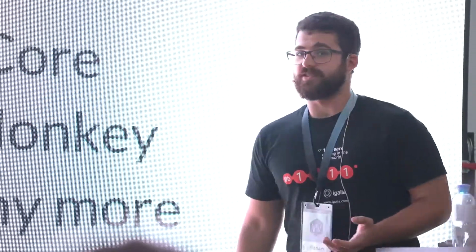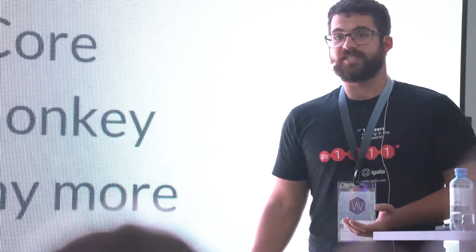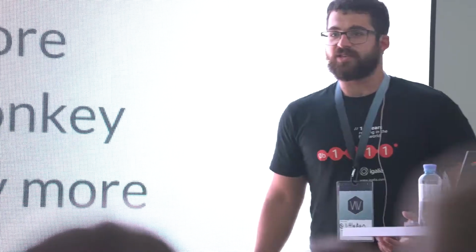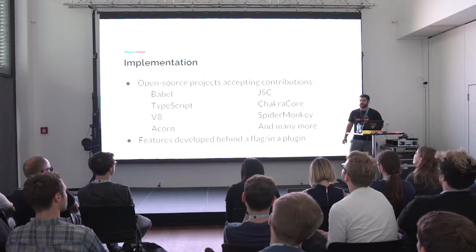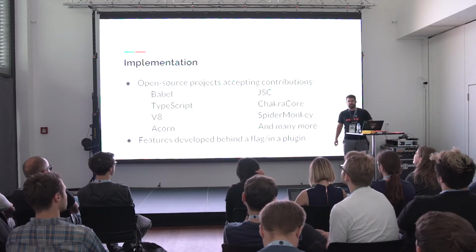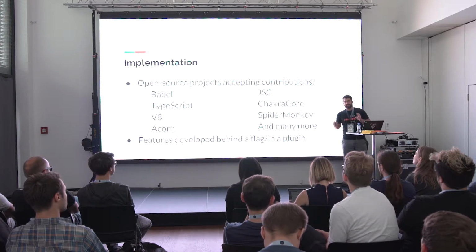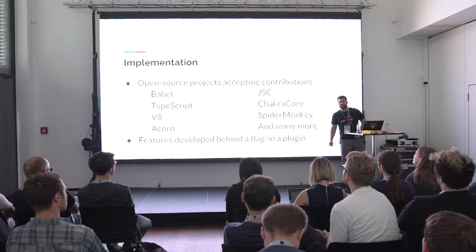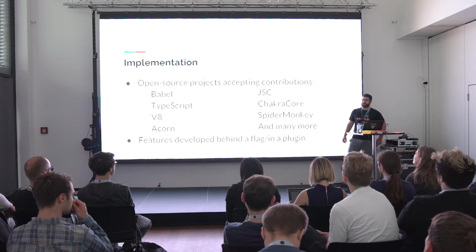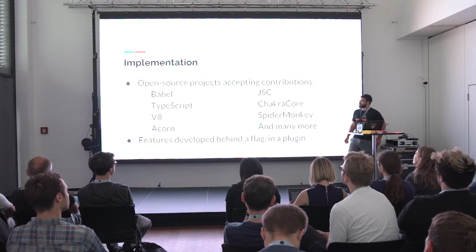And of course, implementations. So these days, all the major JavaScript engines are open source, and there are also many different tools projects that are open source, and you can just jump in and contribute. Most JavaScript engines have a policy of only accepting features once they're at stage 3, once they're somewhat final. But it can still be interesting to prototype.